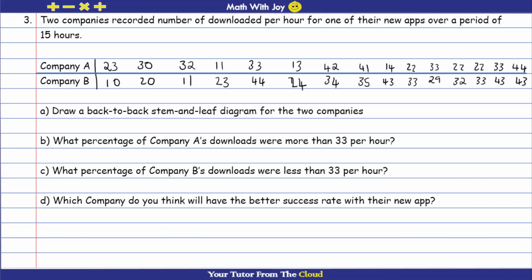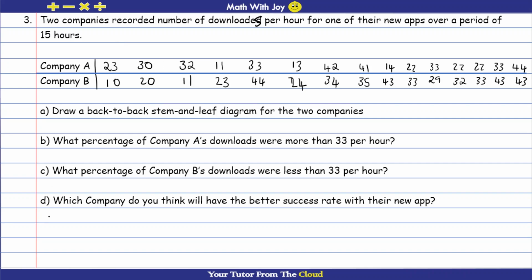Right, this is the last question here. They say two companies recorded the number of downloads per hour for one of their new apps over a period of 15 hours.